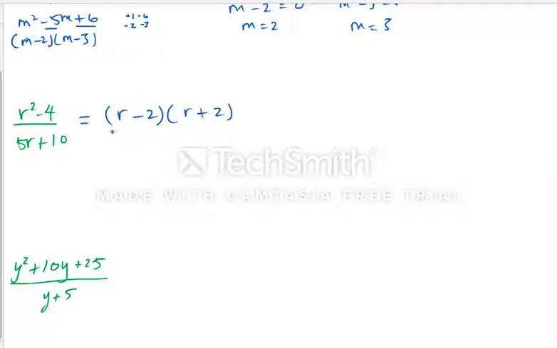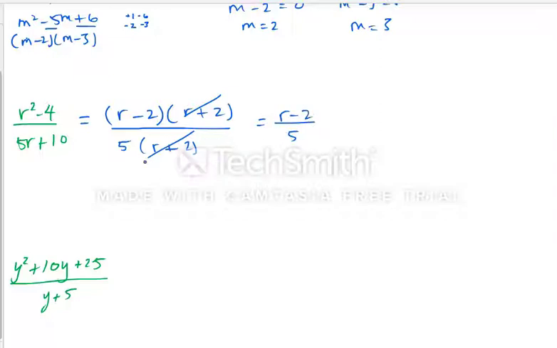On the denominator, what can we factor out? Both terms have 5 as a common factor. So if we take the 5 out, we're left with r plus 2. That luckily is a common factor. Let's cancel out the r plus 2 and we're left with r minus 2 over 5.